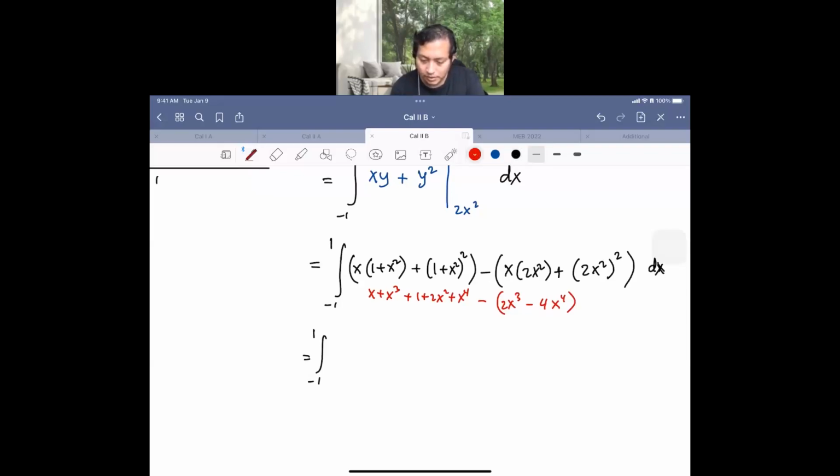So we have minus 3x to the 4, minus x cubed, plus 2x squared, plus x, plus 1, dx. Okay, we can integrate.